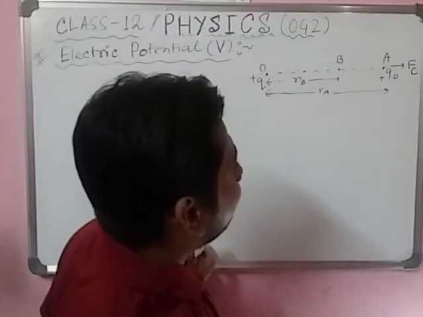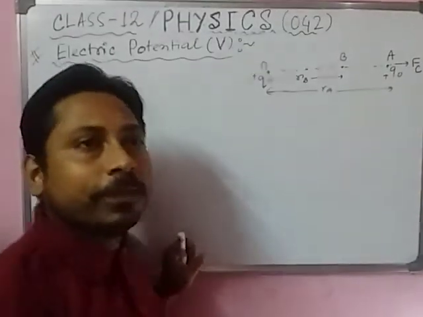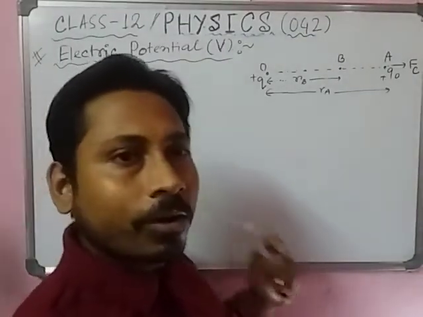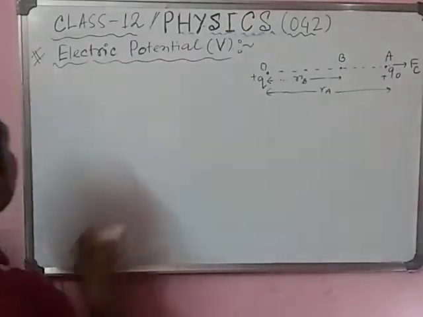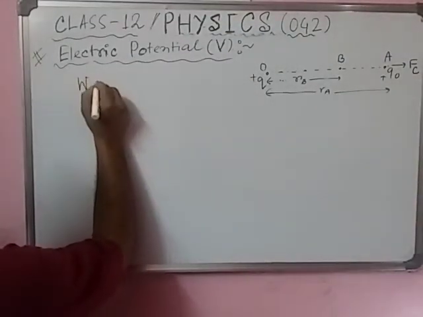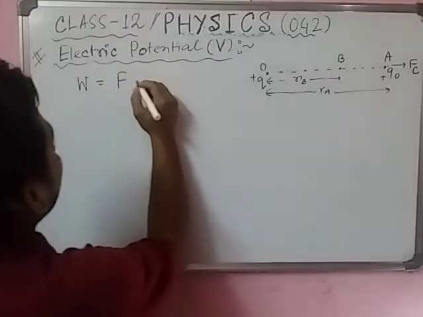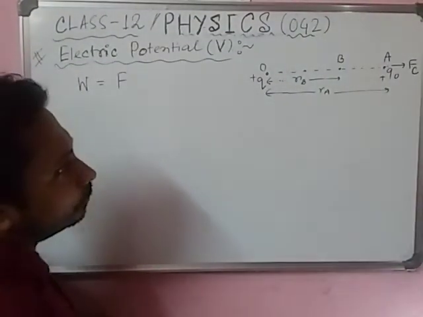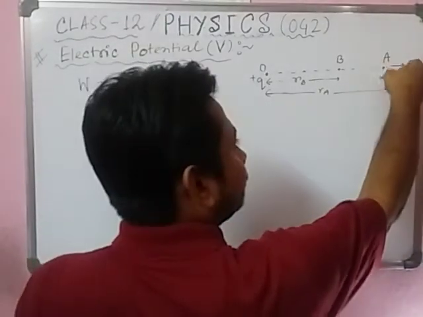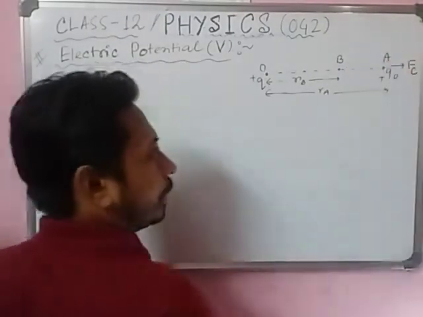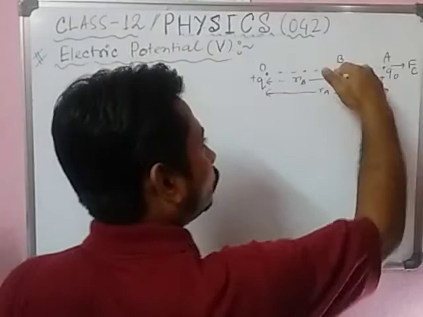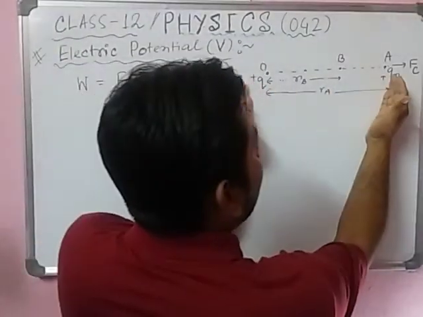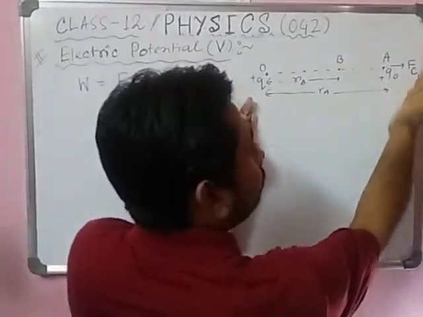Now we are going to find this potential V with the help of the work done formula. So students, the work done formula, W is equal to F. You need some external force to transfer this charge from point A to point B, because there is a force of repulsion. This force of repulsion is called the Coulomb force.